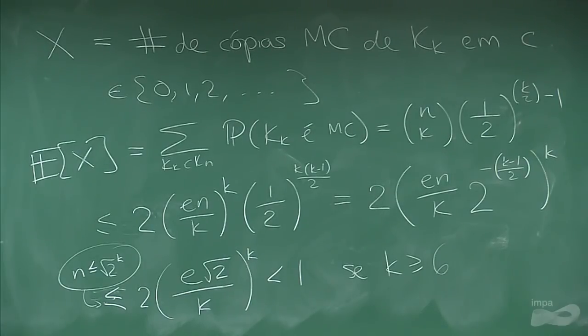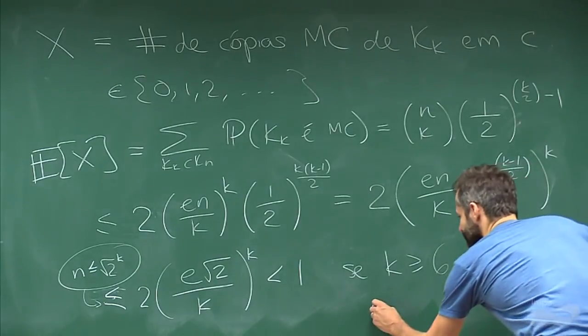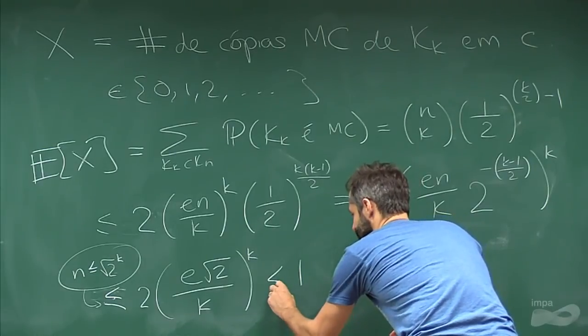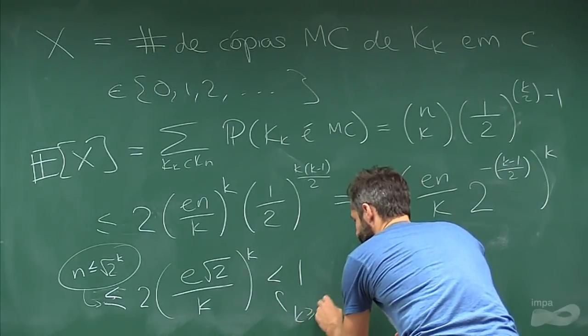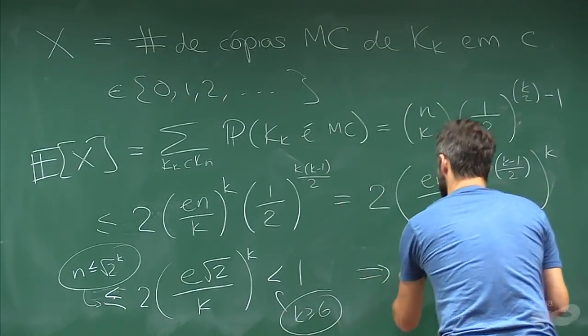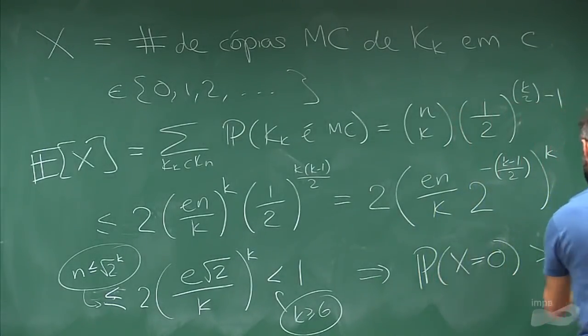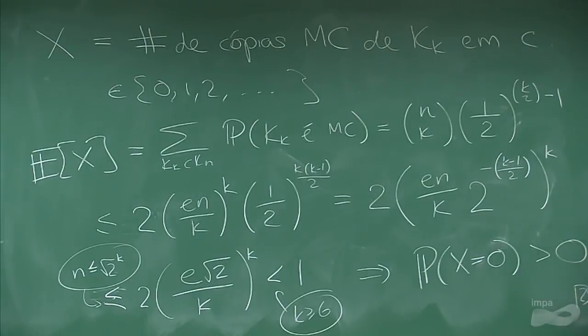It's a non-negative integer. This implies that the probability that X is 0 is positive, which is what we wanted.